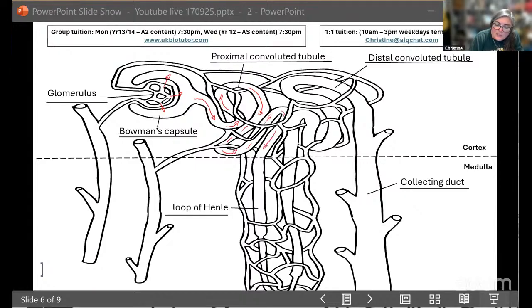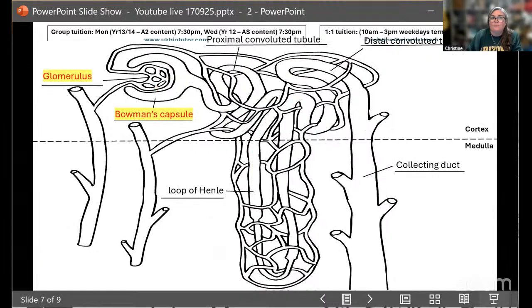And the reason it follows the same path is because certain areas are going to reabsorb some substances back into the bloodstream. And so we need to talk about what those substances are and how they get reabsorbed. So let me just take this. So you can see it's flowing all the way through. So what we're going to start with is the glomerulus and the Bowman's capsule.